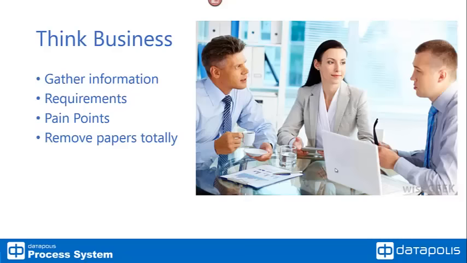Why not display it, for example? So this is one of the pain points, a manual task for the HR. We need to automate as much as possible, remove the papers, and make sure that our requirements are accurate and as expected by the end user. Because sometimes we technical people take the requirements and the expectations were different.